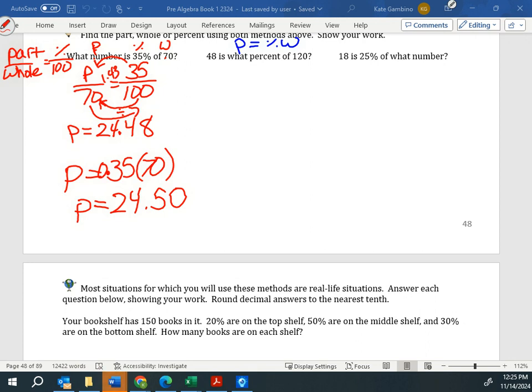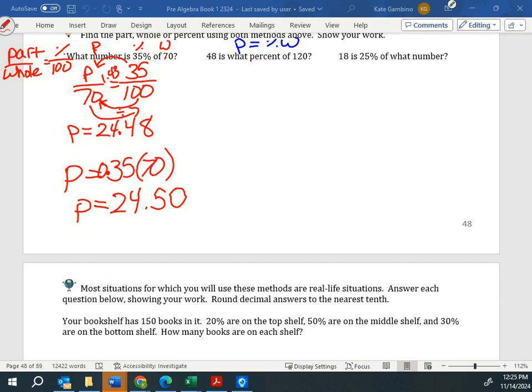So if we're going out to that hundredths place, we know up top it was 24.48 because we were working with fractions. Think about what I told us when we were doing our math practice. Some people like to use 3.14 for pi. Some people like to use the pi button on the calculator that has a lot more decimals. So we get a slightly different answer.